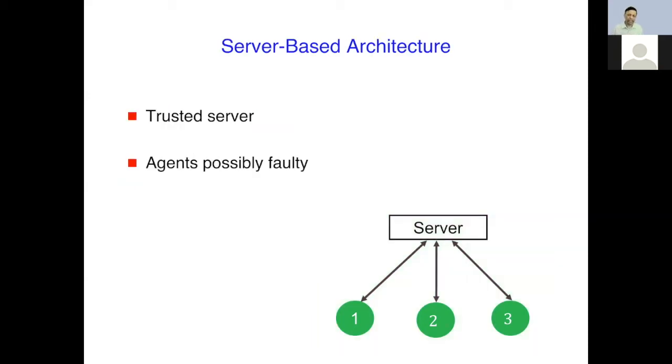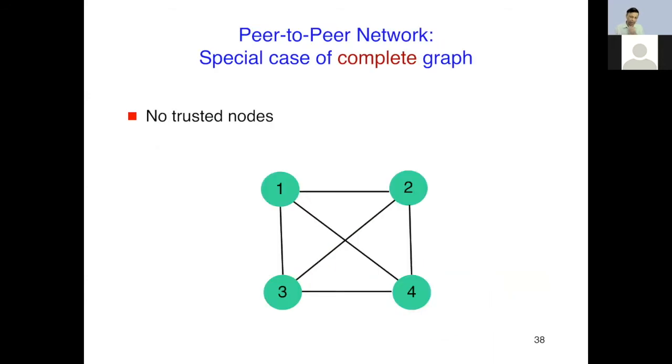But before I get to that, let's talk about the peer-to-peer case. We'll come back to the server again. In the peer-to-peer case, there is no trusted server. The peers have to collaborate with each other directly without the help of a trusted server. Here's an example of a peer-to-peer network, which is a complete graph. It's complete in the sense that every agent can talk to any other agent directly.